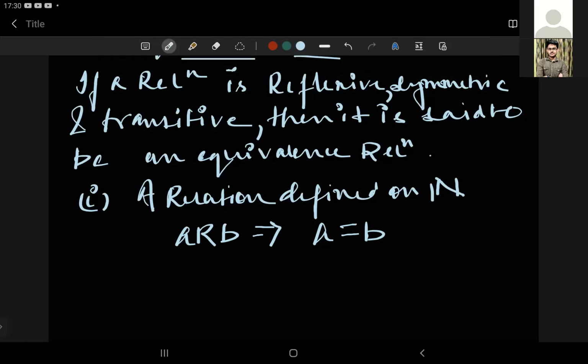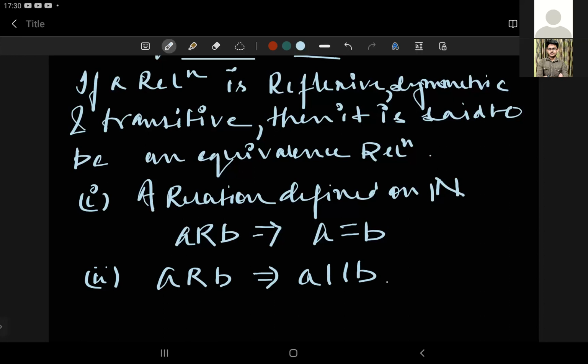So this is an equivalence relation. Next, let's take another example. A relation defined on the set of parallel lines in a plane. Let's say A R B implies A is parallel to B. Is this an equivalence relation?